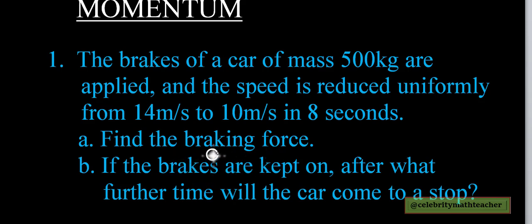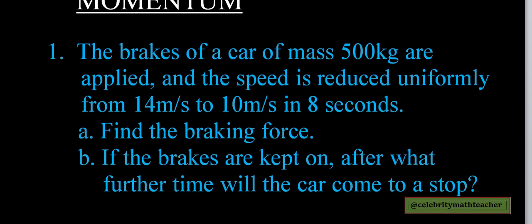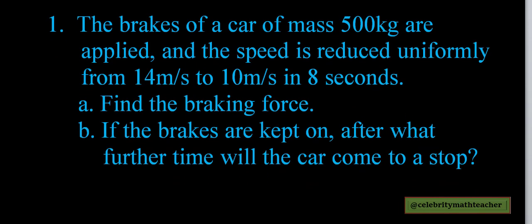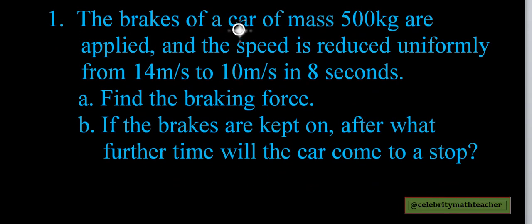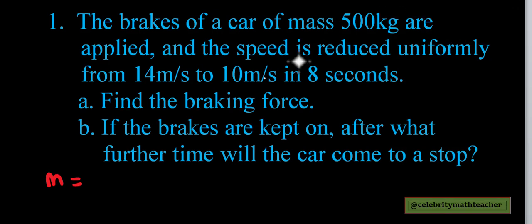Now the first thing you do is write out the information you know first. The information given to you. Then whatever is not given, you put a question mark. Now we have the mass m. M is given as 500 kilogram.